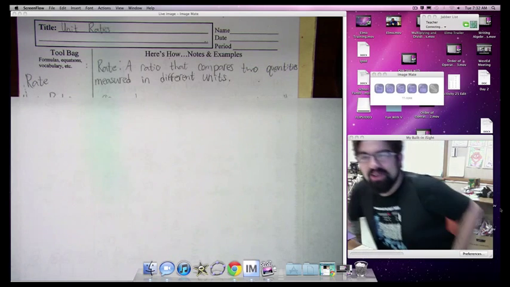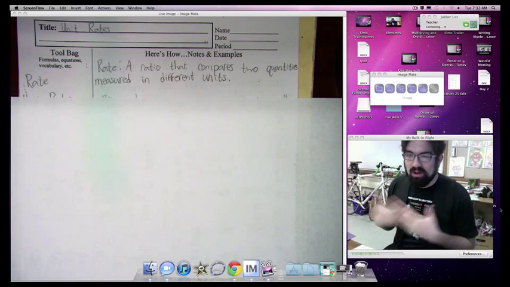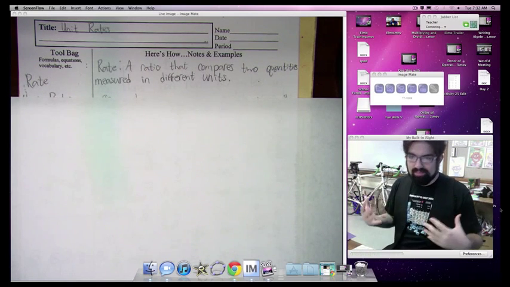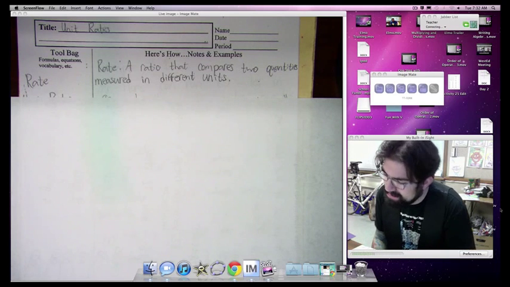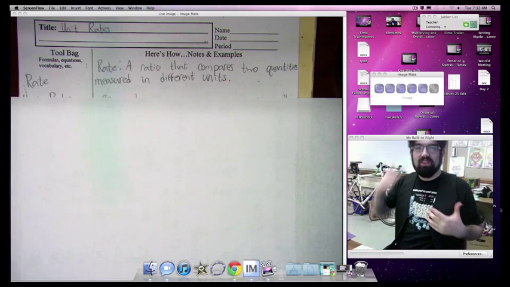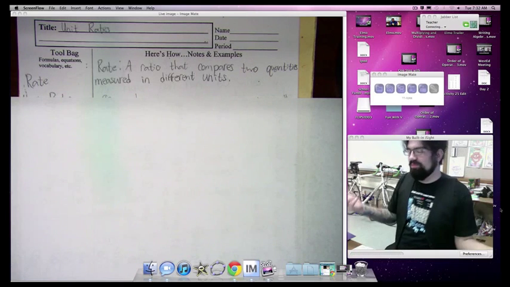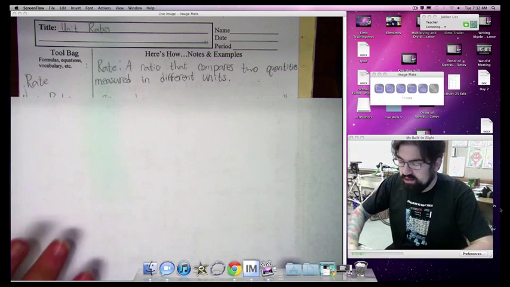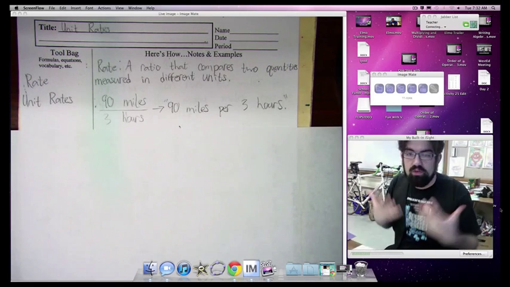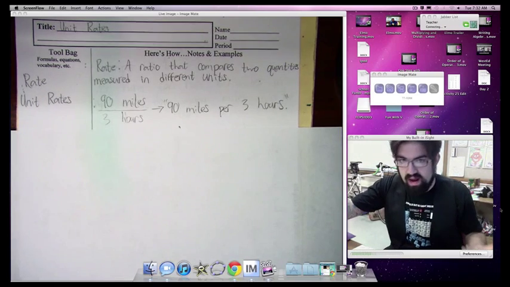Okay. First question about unit rates is, well, what's a rate? A rate is this: a ratio that compares two quantities measured in different units. Yeah, seriously, it's about comparing two different things. One thing that you might compare quite often is when you're driving.